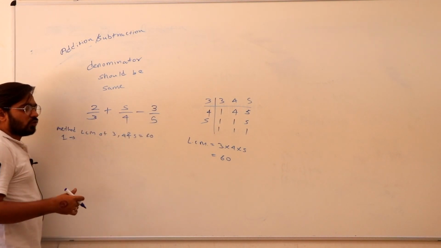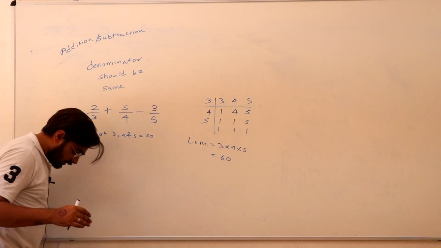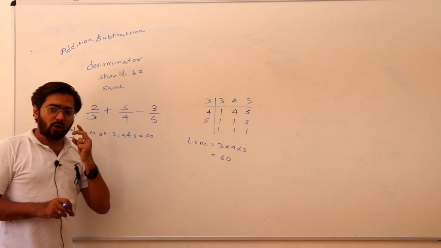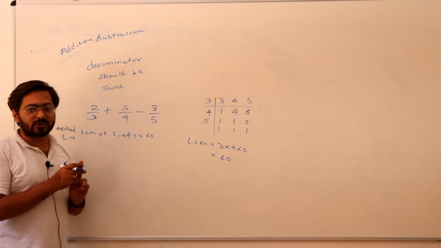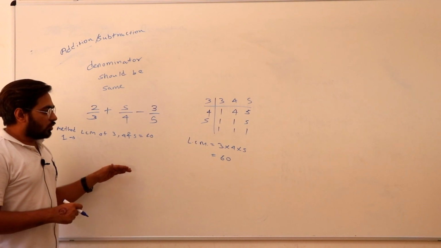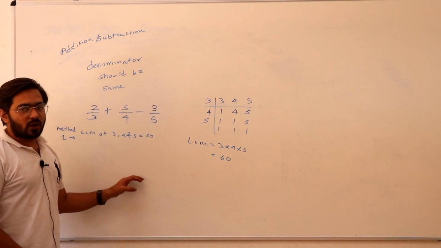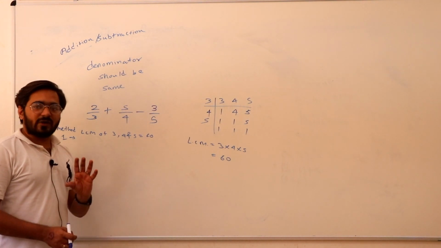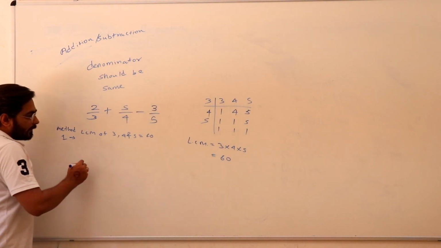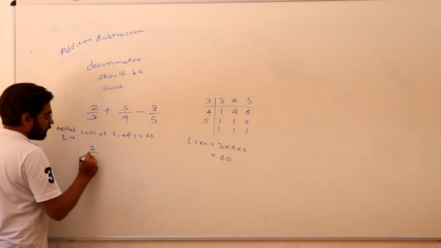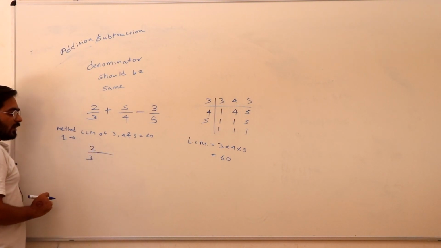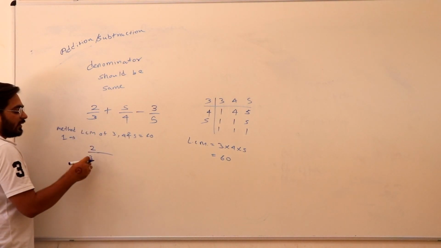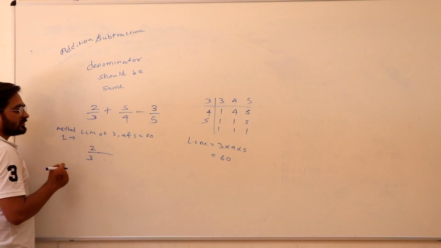In ratio or in fraction, you have already learned that whatever operation, multiplication or division, you do in the denominator, you have to do the same operation in the numerator so as not to change the value of the fraction. Now by which number do I have to multiply 3 so that it will be converted into 60?